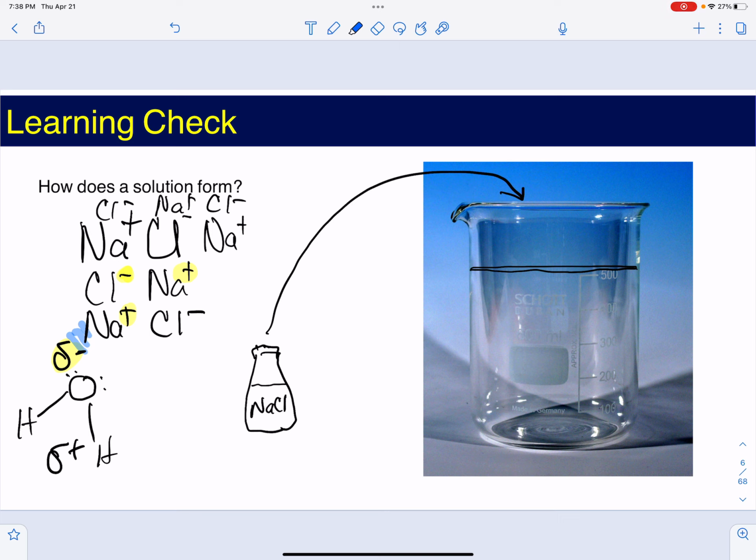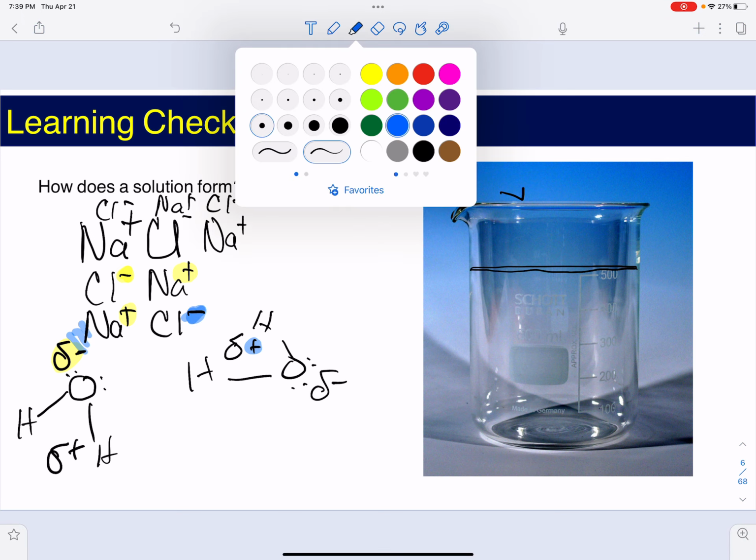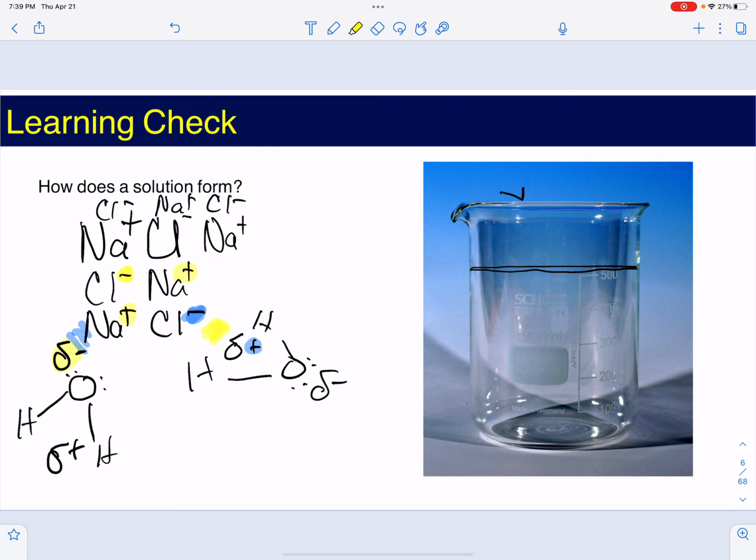And while that is happening, there's another water molecule over here. And this one has the partially positive closer to the partially negative, and there's a force in there.